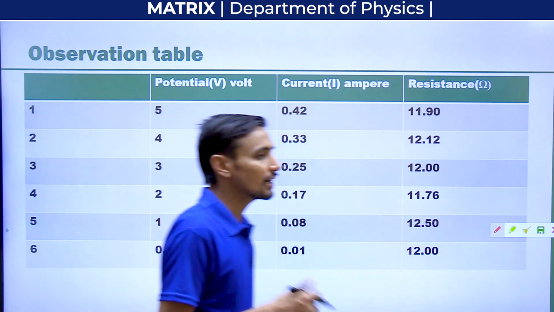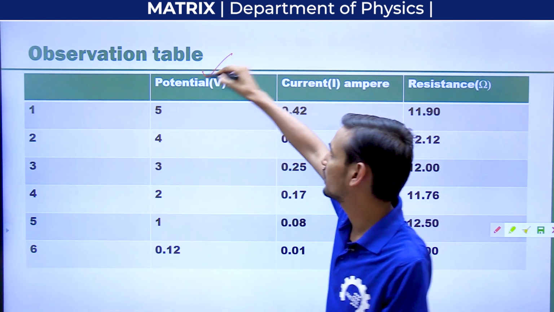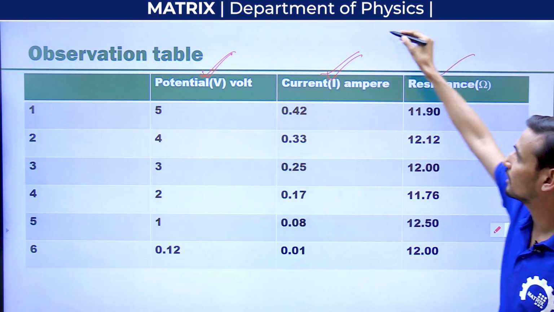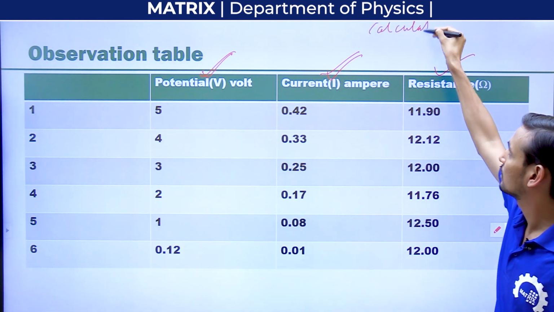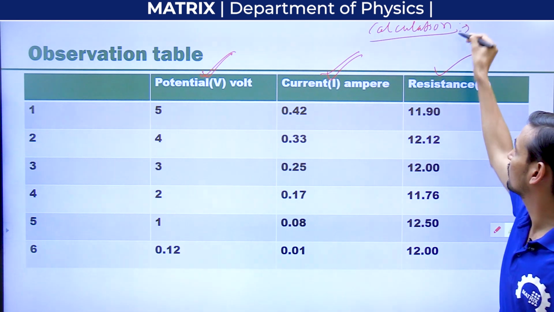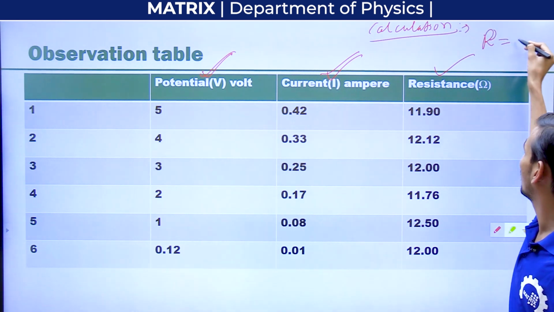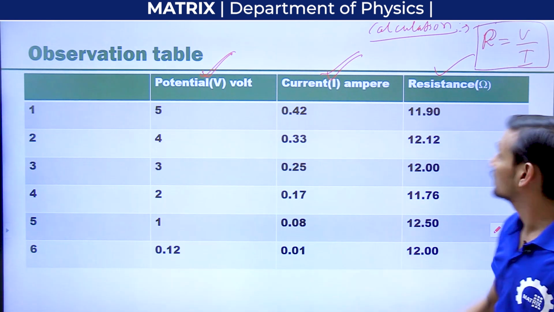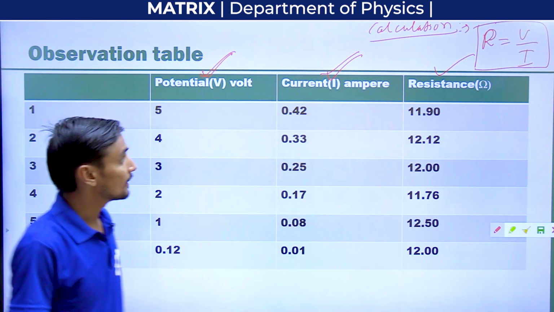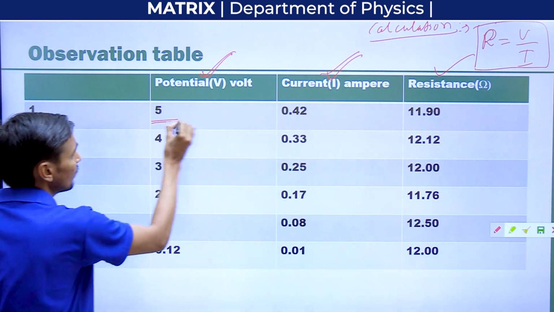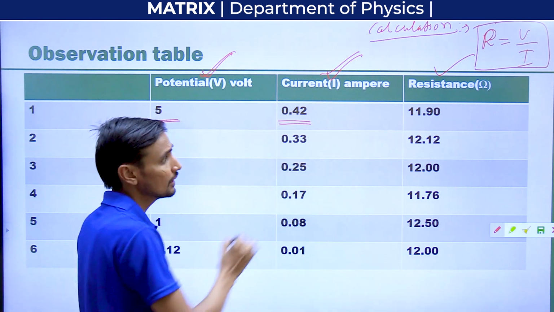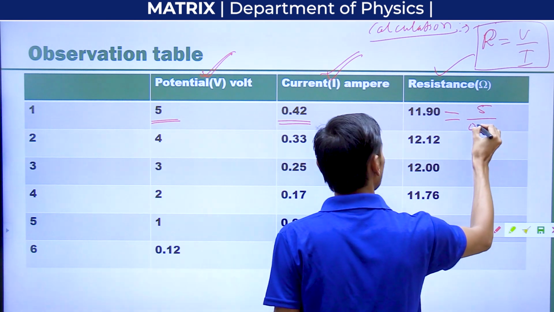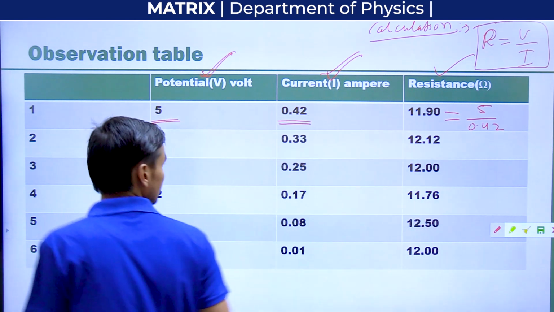The observation table has values of potential and values of current, from which in the calculation part we calculate R equal to V upon I. We have calculated the resistance of this resistor wire in the experiment. When the potential is 5 volt, the current is 0.42 ampere, so the resistance will be 5 divided by 0.42, that means 11.90 ohm.